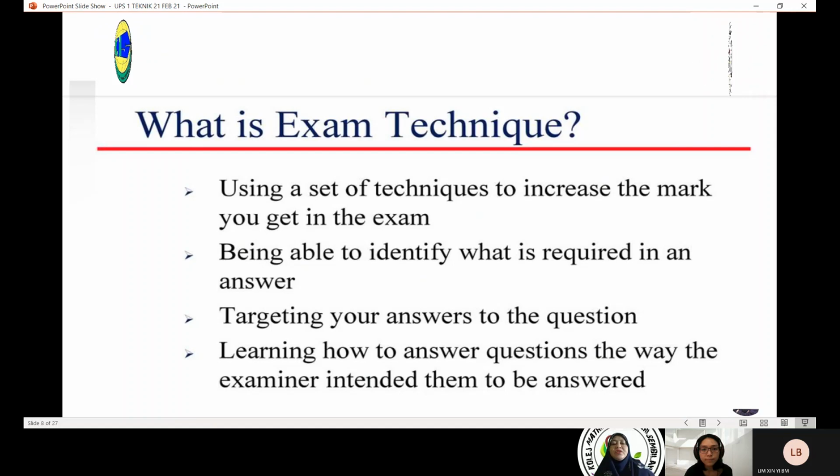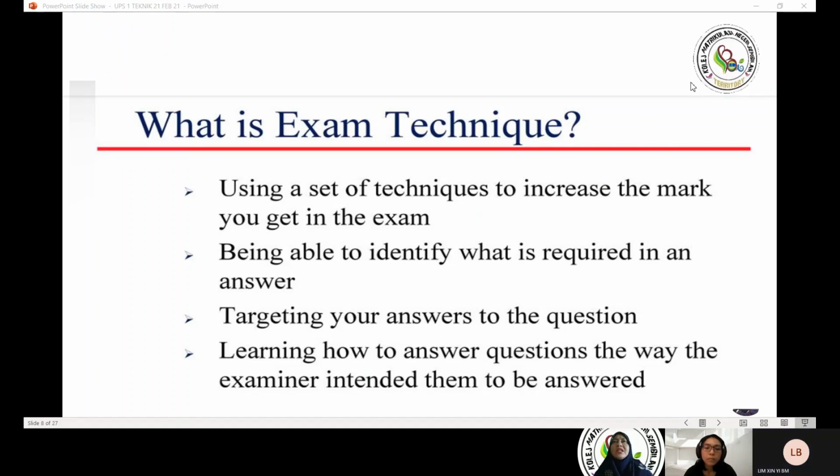Actually, all my students, when talking about exam, you just done your MUET exam, right? Okay, so actually the techniques are almost the same. When you're facing an exam, technique tu sama je. It's just that, in order to get better marks, apa maksud teknik dalam UPS ni, apa teknik cikgu, right?